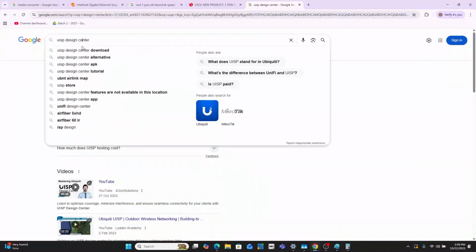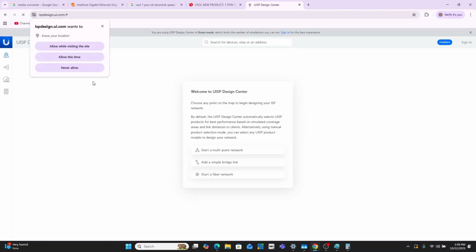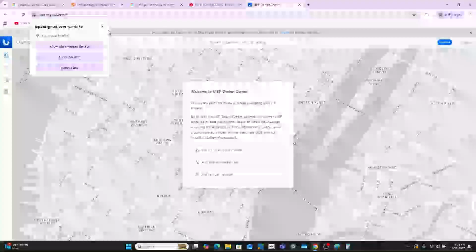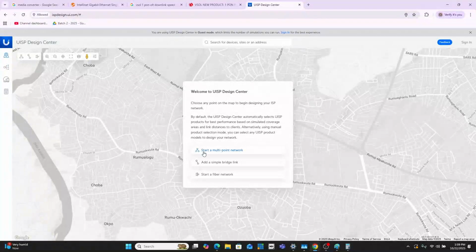The website is ispdesign.ui.com. Okay. Design Center will be creating community.